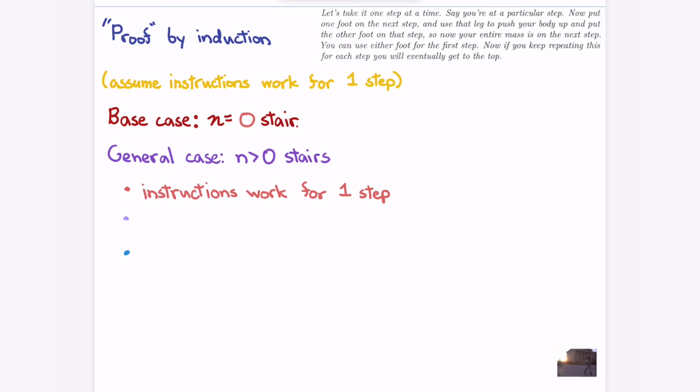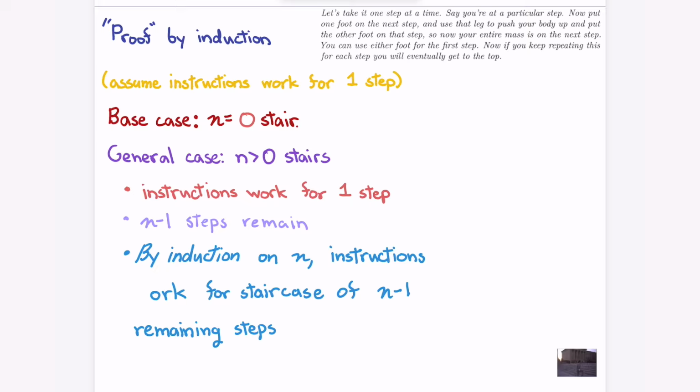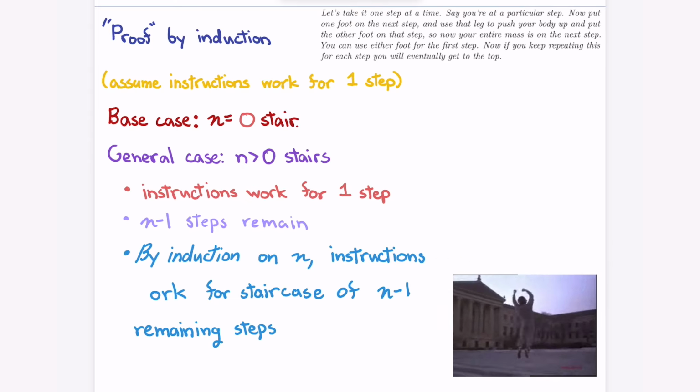Then after that, n-1 steps remain. One step into a staircase, you have a smaller staircase ahead of you. And then by induction on the number of stairs, your steps will work for everything else. You're all super excited, but that'll work.